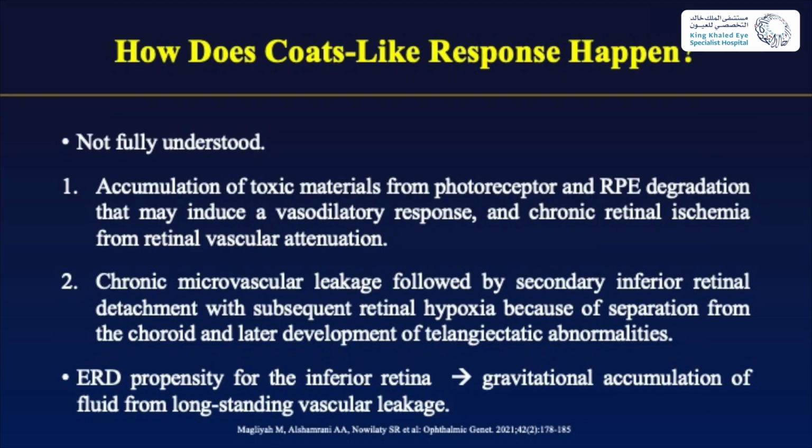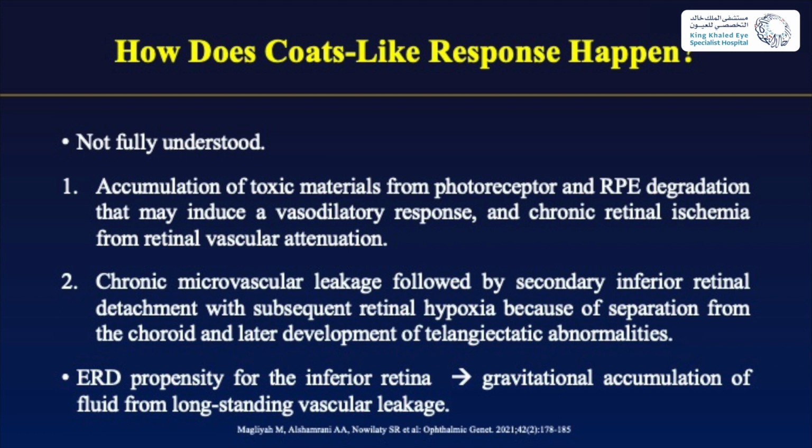So the question is, how does the COATS-like response happen in retinitis pigmentosa? It's not fully understood, but there are 2 theories. The first one is accumulation of toxic materials from photoreceptor and RPE degeneration that may induce a vasodilatory response and a chronic retinal ischemia from retinal vascular attenuation.